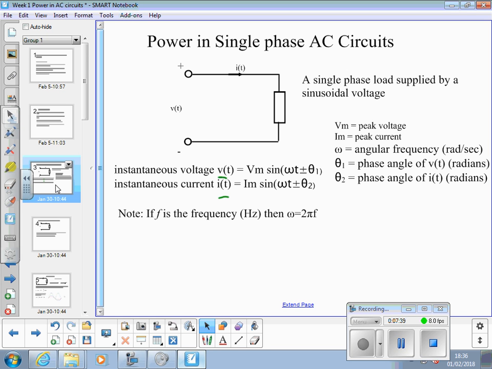If that's produced by that voltage, then omega t must be the same, but the phase angle may or may not be different. The current and voltage may or may not be in phase. So there's some very early terms that you're going to have to get used to, and understanding that this is the standard form of a sinusoidal wave that could be representing either voltage or current.